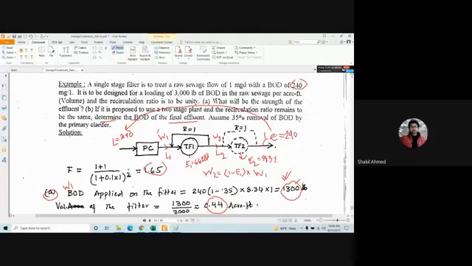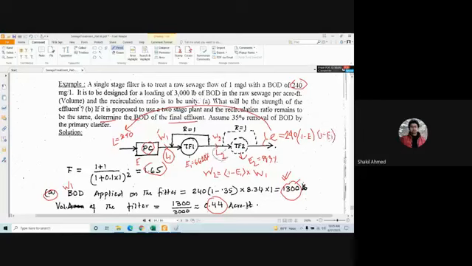Then some part of it has been treated in the primary clarifier. What was the efficiency? Let's say E. So 1 minus E. Then it is again reduced by trickling filter 1 with an efficiency of E1, so it will be 1 minus E1.